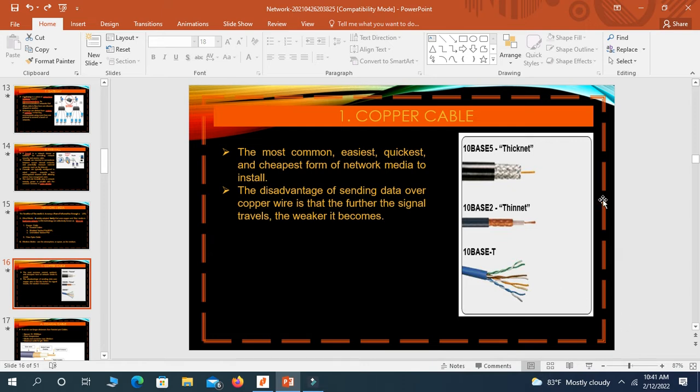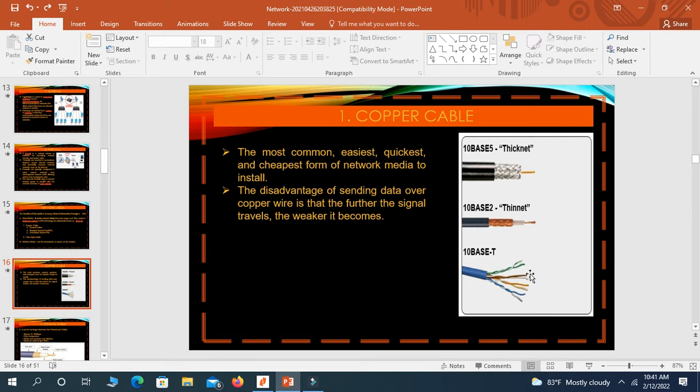So copper cable looks something like this. As you can see, this is 10Base5 thick net, 10Base2 thin net, and we have 10BaseT. People use these cables for connecting to the internet these days, in rural and urban areas.